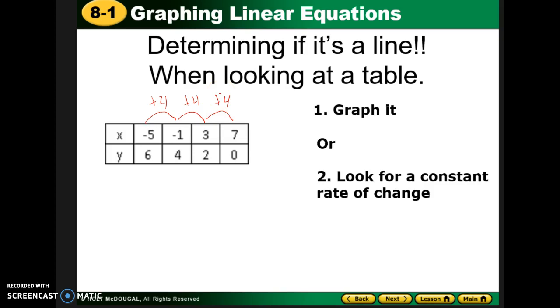Now I'm going to look at the y's. To go from 6 to 4, I'm subtracting 2. From 4 to 2, I'm subtracting 2. From 2 to 0, subtracting 2.